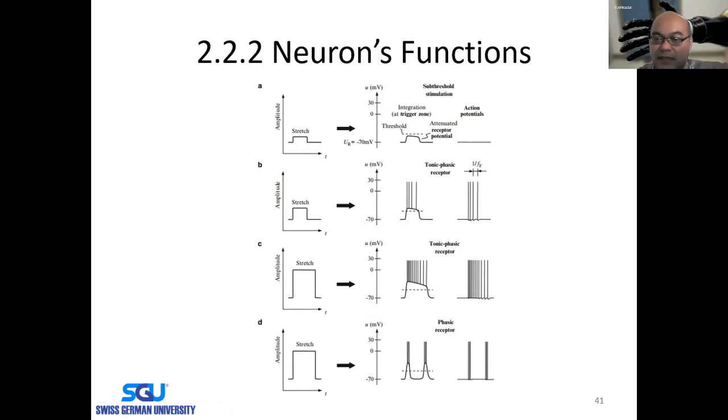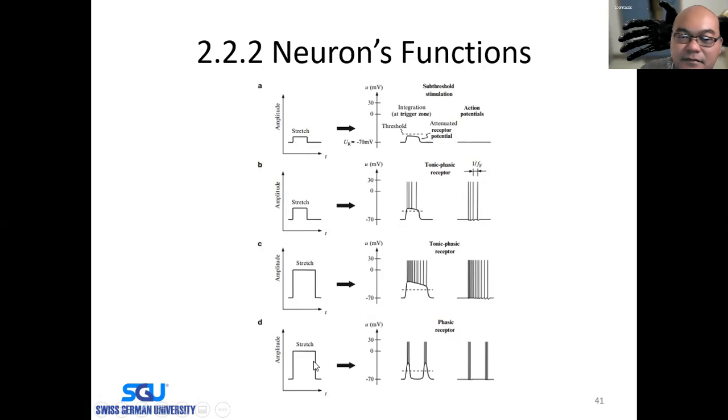When the amplitude is larger, the frequency will be higher. It means it creates more pulses in one single duration of time. When the duration of the stretching is longer, of course, the number will also be more. So this is called the tonic receptor.